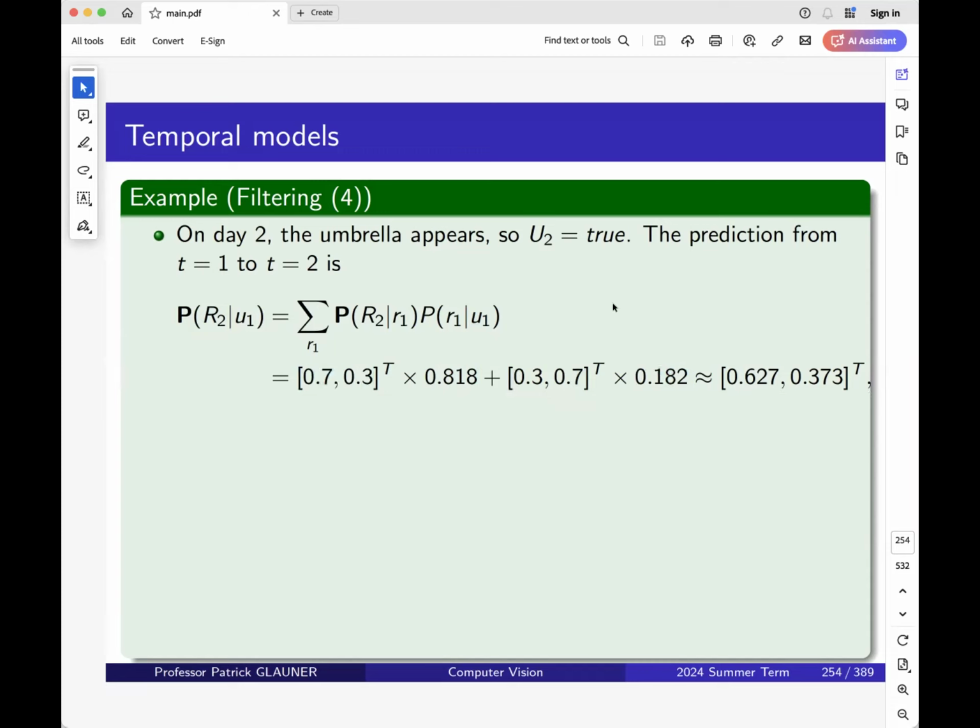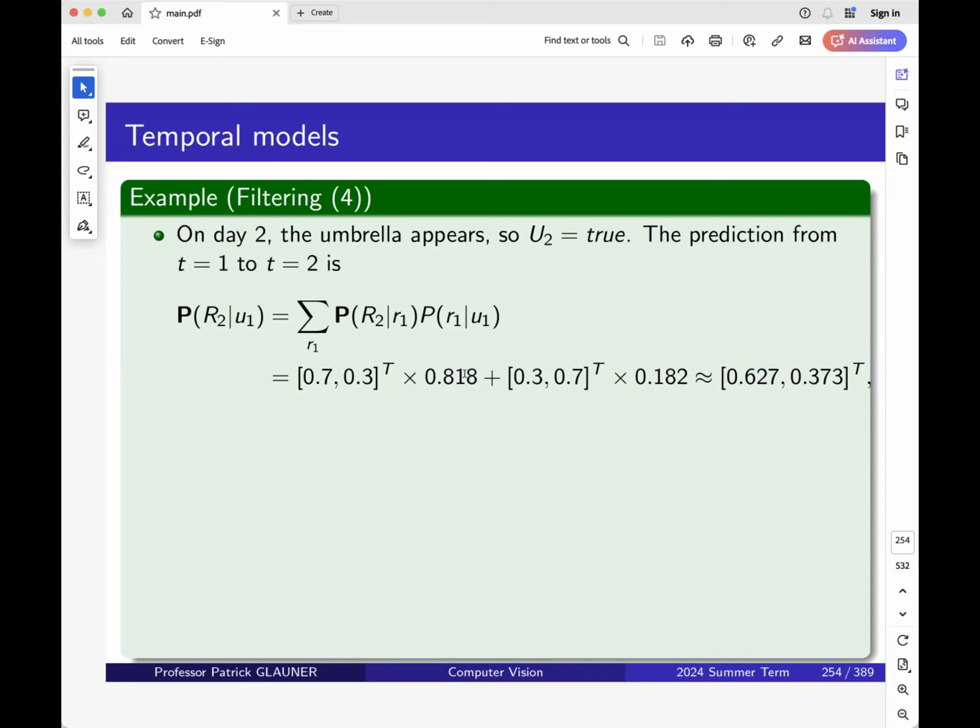So we're just calculating more or less the same equation as before with new values, and then we see, well, we are now going into time click 2 and say the probability of R2 given the past evidence. And these probabilities are actually getting a little bit more uncertain than before, because we have our transition model, but we don't have new evidence. We're just using the evidence from the time step before.